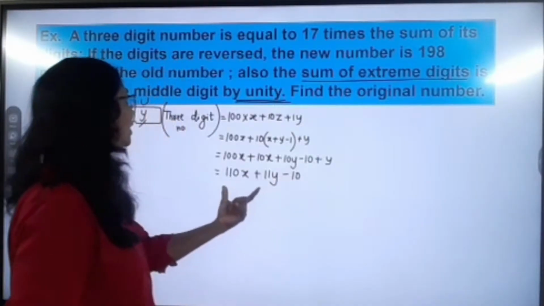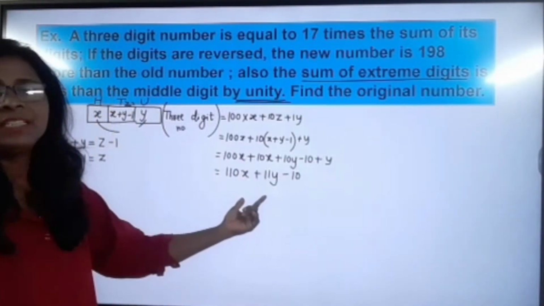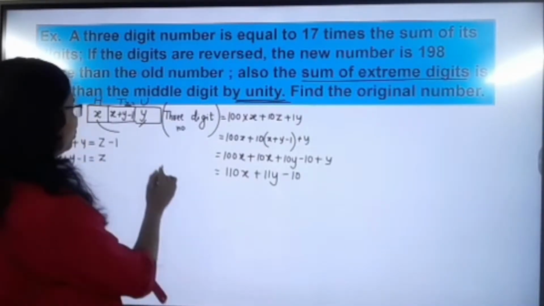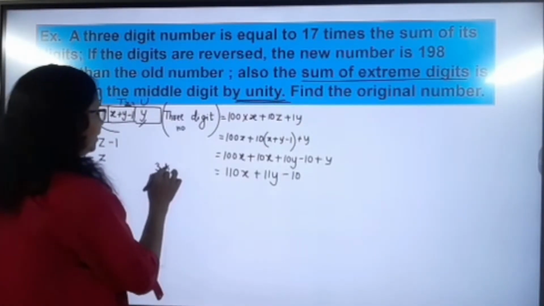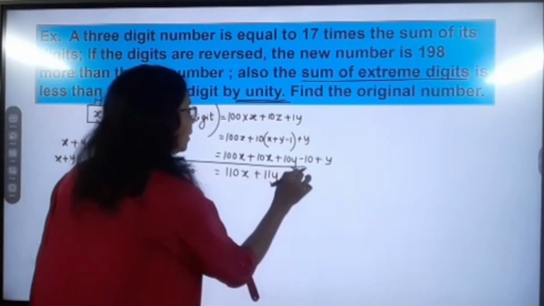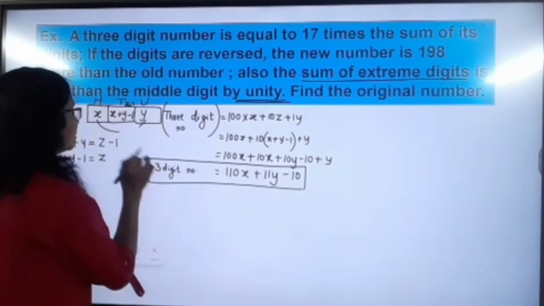So this is our 3-digit number, the original 3-digit number, students.